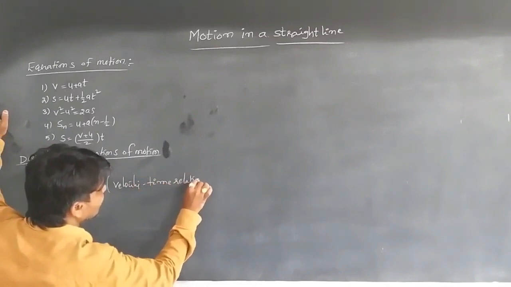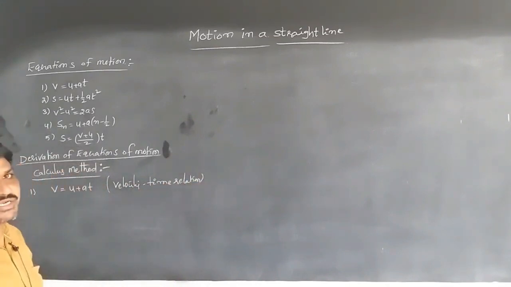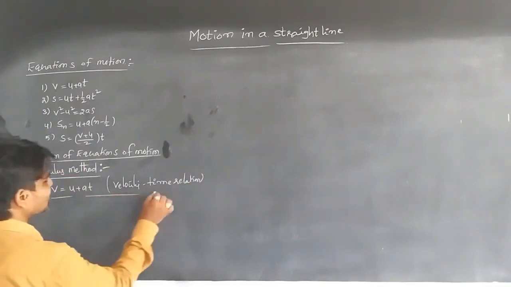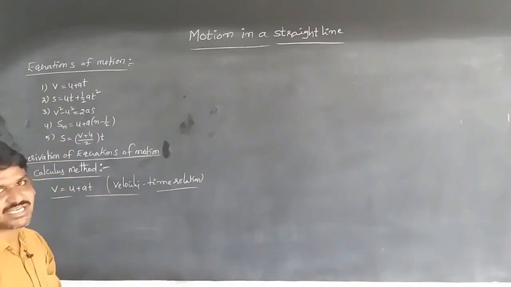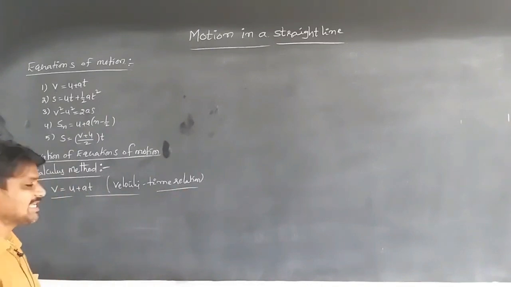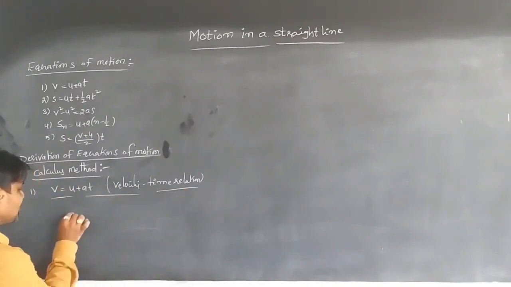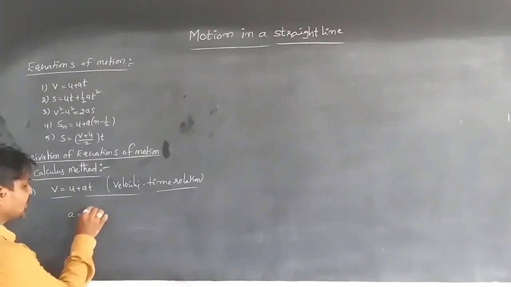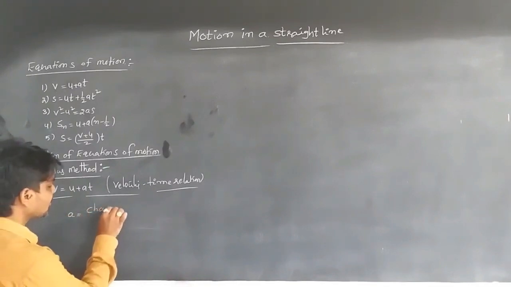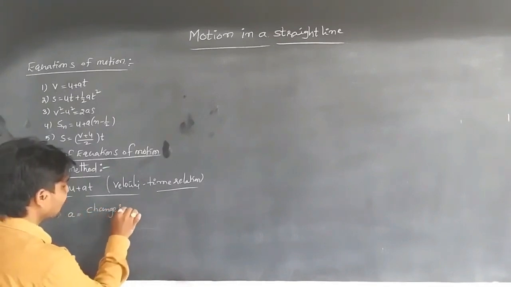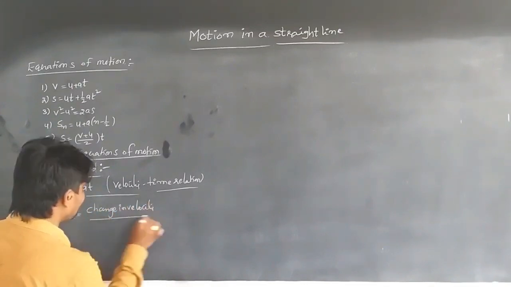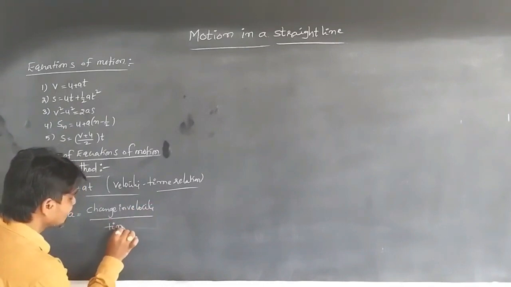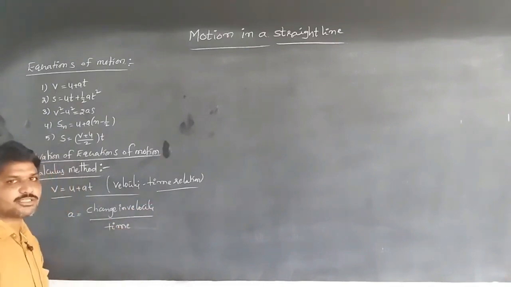By using the calculus method, that is by doing integration, we can find this relation, and it is an easy process. We know the definition of acceleration: acceleration a is equal to change in velocity by time, the rate of change of velocity.